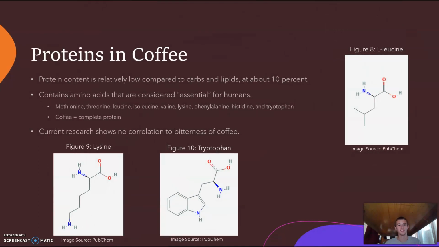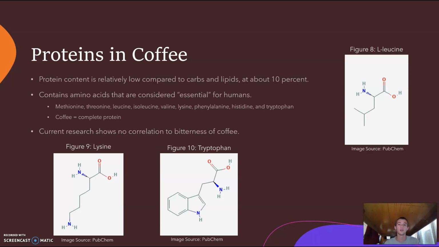And then you have proteins, which are about 10% of the total composition. It's very low, but they do contain amino acids that are essential for our health. So essential amino acids are ones that our body cannot produce by itself, and there are 9 of them, which would be methionine, threonine, leucine, isoleucine, valine, lysine, phenylalanine, histidine, and tryptophan.